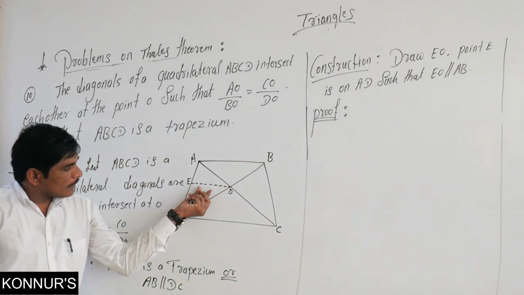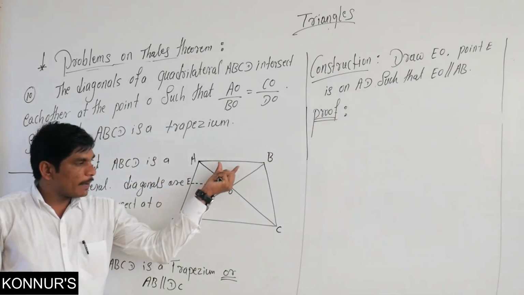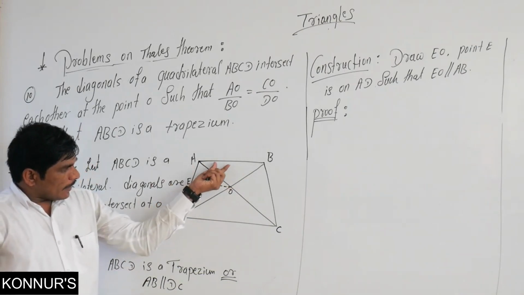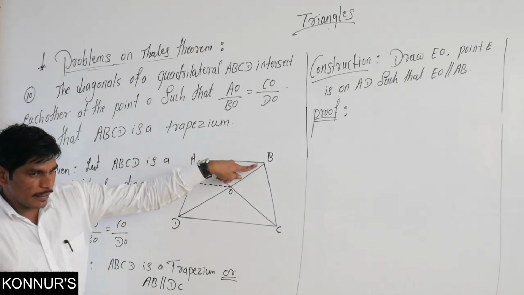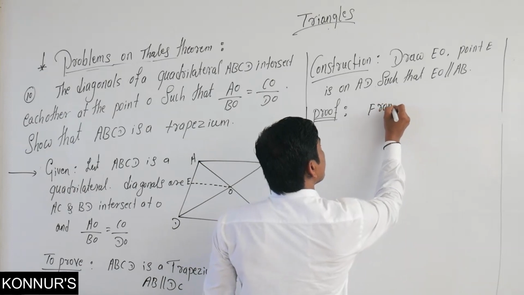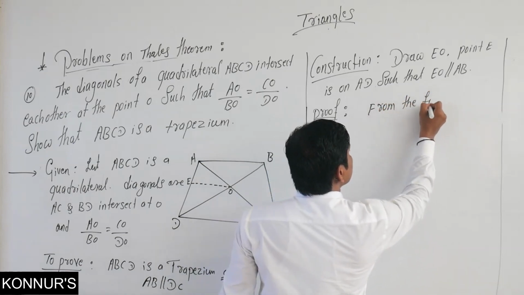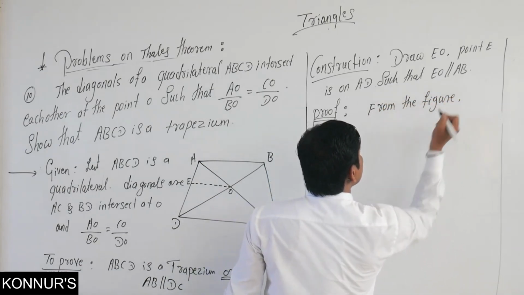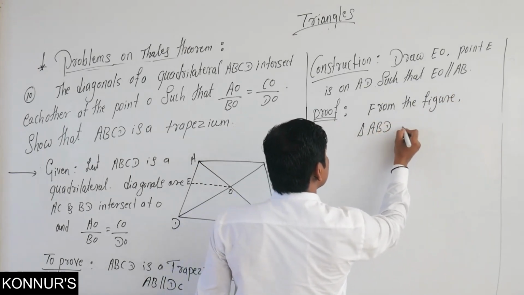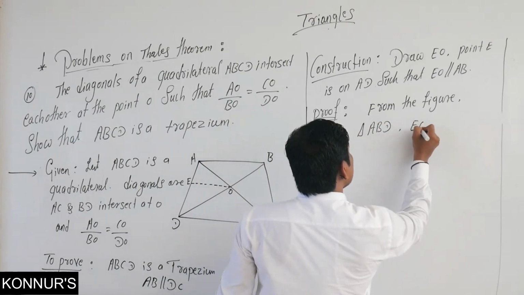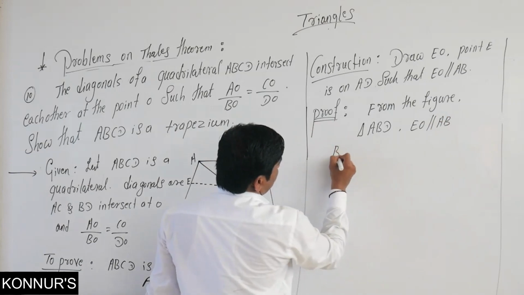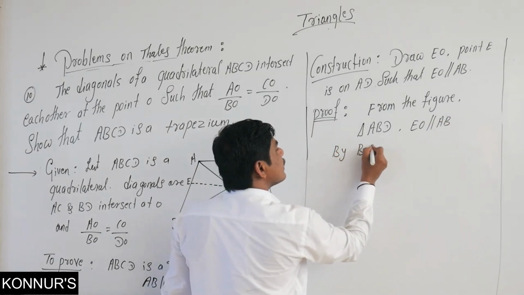Here we constructed EO parallel to AB. The triangle related to EO parallel to AB is ABD. Here you write from the figure: triangle ABD, EO is parallel to AB, by the basic proportionality theorem.